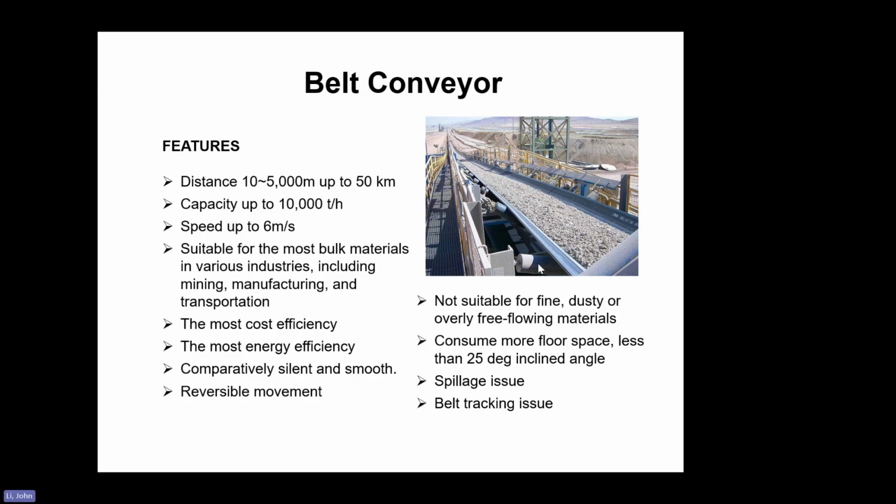But actually, for overland conveyors, belt tracking is not a problem. It is always for shorter conveyors, like 10 meters, 20 meters, 50 meters. It will take lots of time to adjust the pulleys to make the belt run at the center.